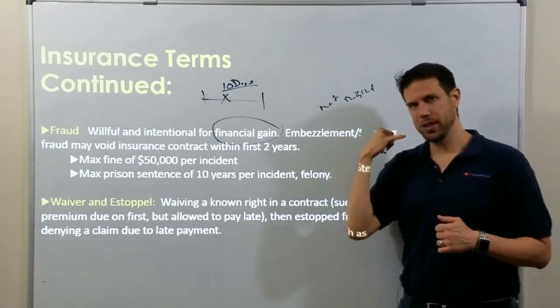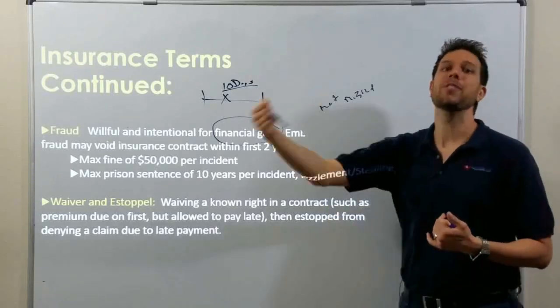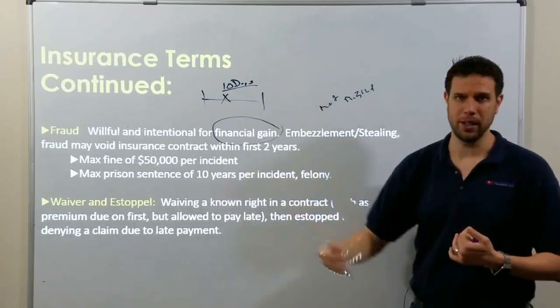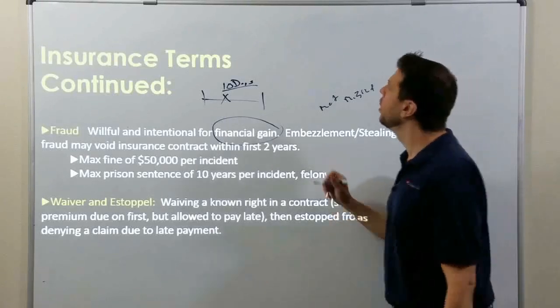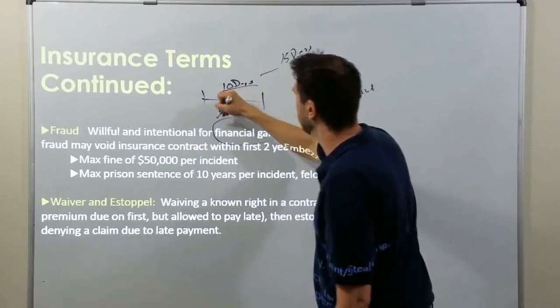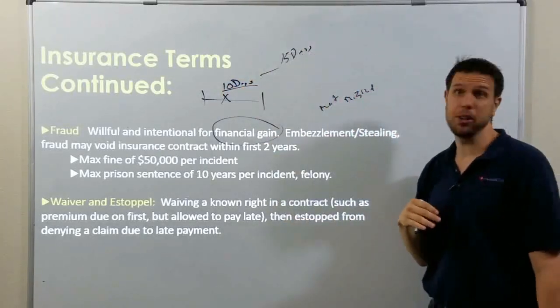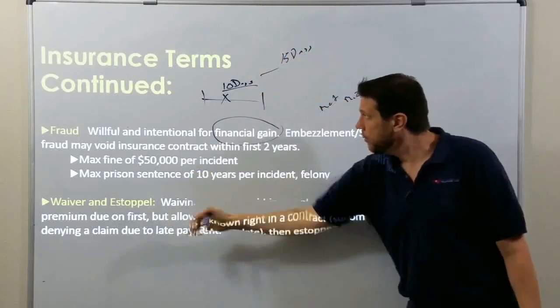You call up your insurance company and say, look, I don't get paid until 15 days from now. Then I can pay you. If the insurance company says, okay, we'll accept premium in 15 days instead of the original 10, which they would never do, they have then created a waiver.